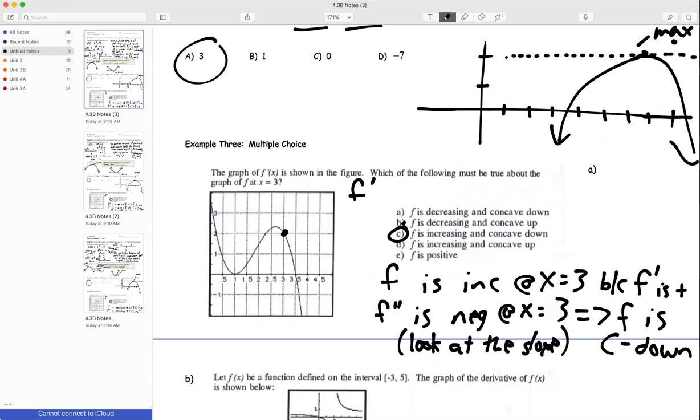Because my derivative would be 0, and then, for example, this is going to be a maximum on the original graph because my derivative is 0 and it's increasing, then it's decreasing. Yeah, so could that tell you that it's concave down also? That in and of itself, no. You would get the concavity from the slope of this graph.